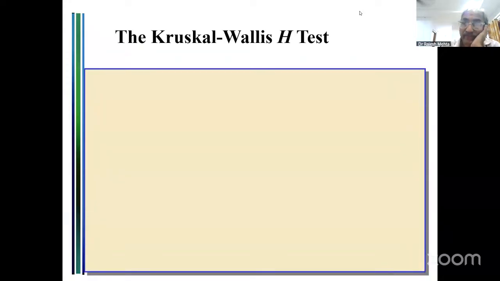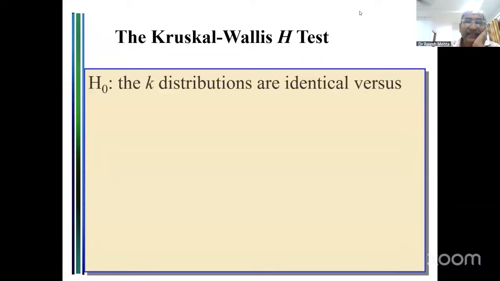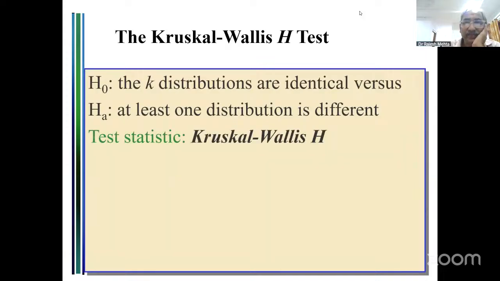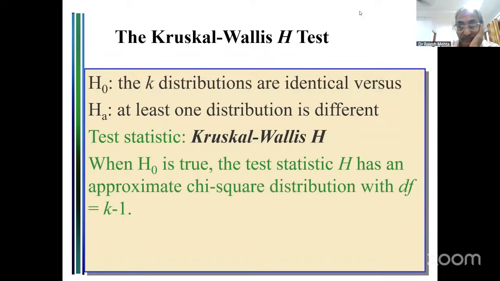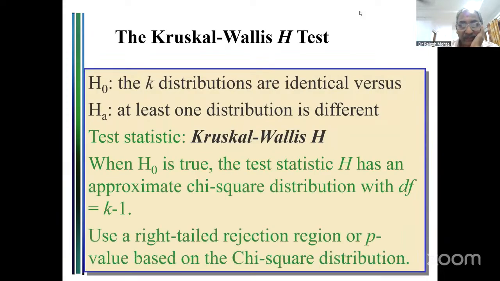Now, when you come to a practical, it will be very simple. In this case, the K distributions, that means the number of samples, four samples, five samples, are identical. This is what the null hypothesis says. But even if one differs, we'll say the hypothesis is wrong. And we can say there is a significant effect of some kind of therapy.